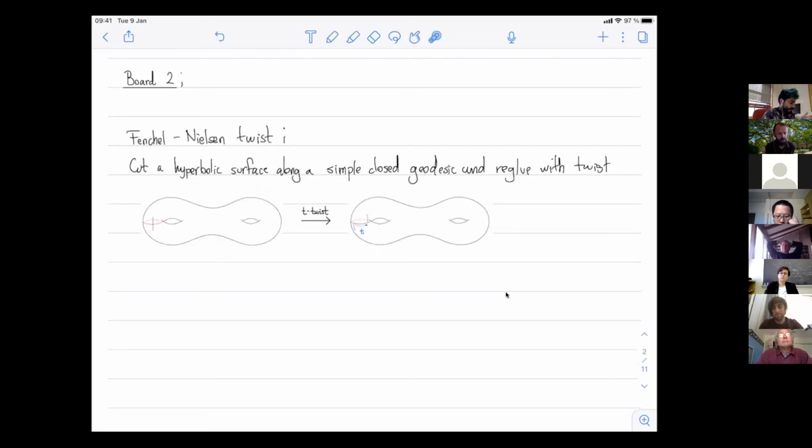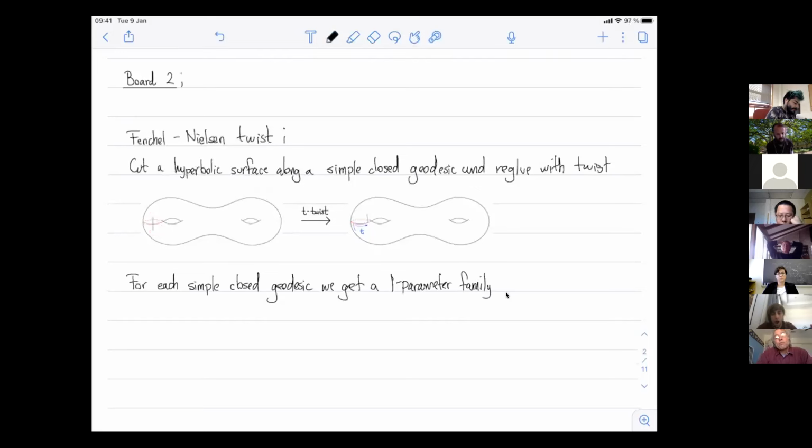So in some sense, for each simple closed geodesic, we get a one parameter family of deformations. The amount I twist is the parameter.